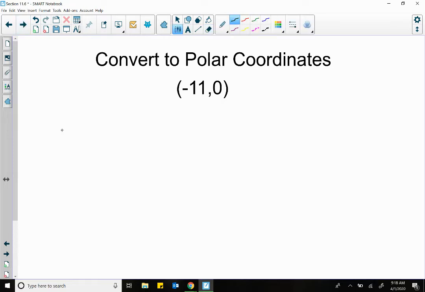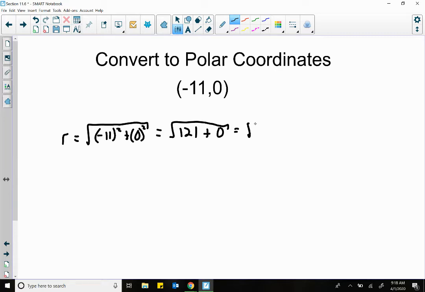Okay. So r is equal to the square root of -11 squared plus 0 squared. So negative 11 squared is 121, plus 0 squared is 0. That gives us the square root of 121, which is 11.